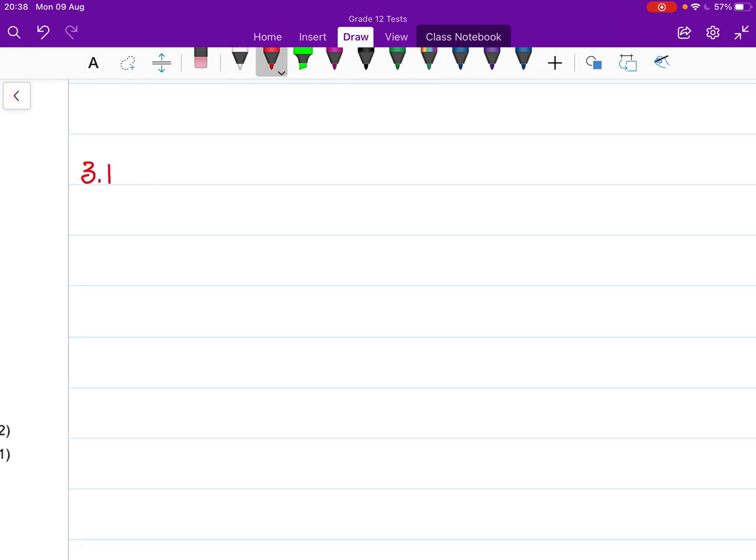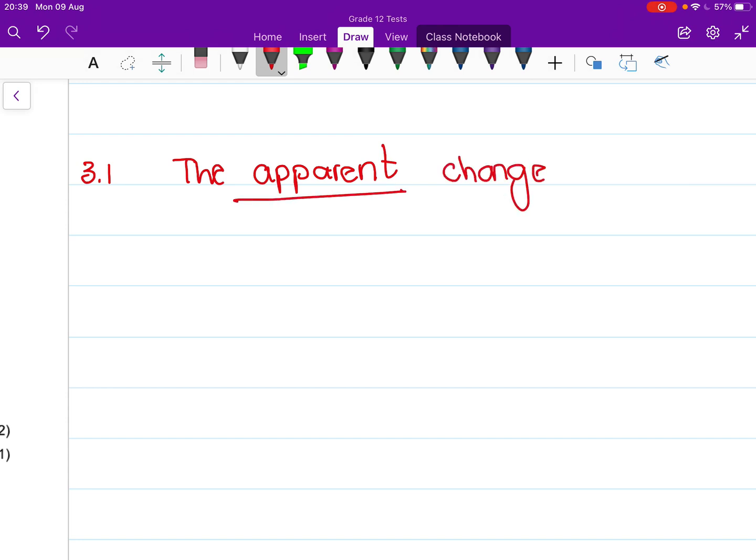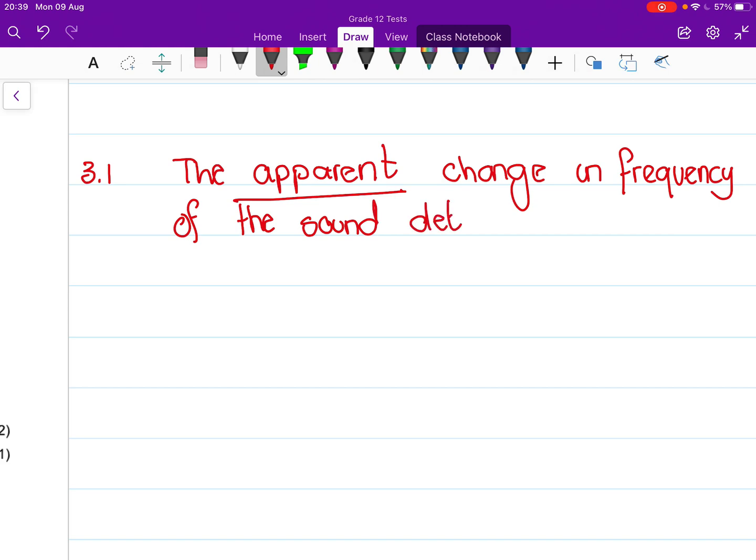So for this one, it is the apparent, very important, apparent change in frequency or pitch of the sound detected by a listener.